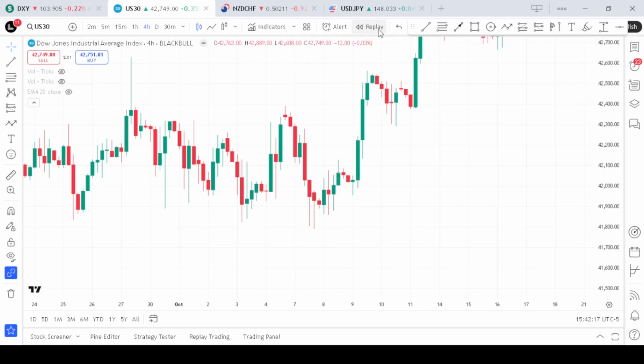Now let's understand the advanced considerations. While the two-crow candlestick pattern is reliable, there are other bearish reversal signals that are variations of this pattern.